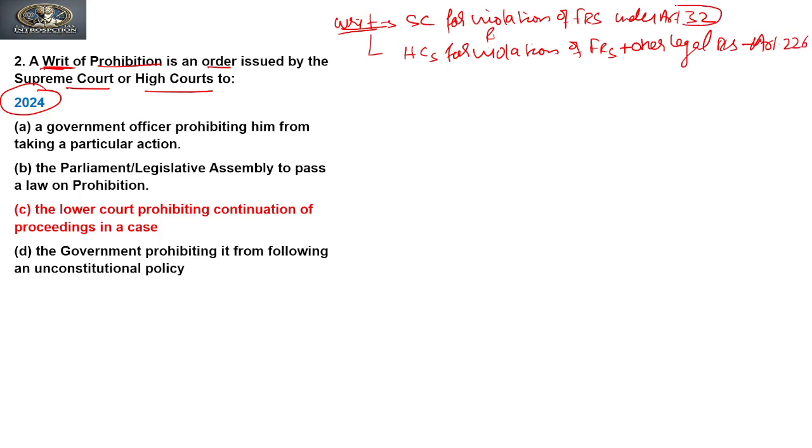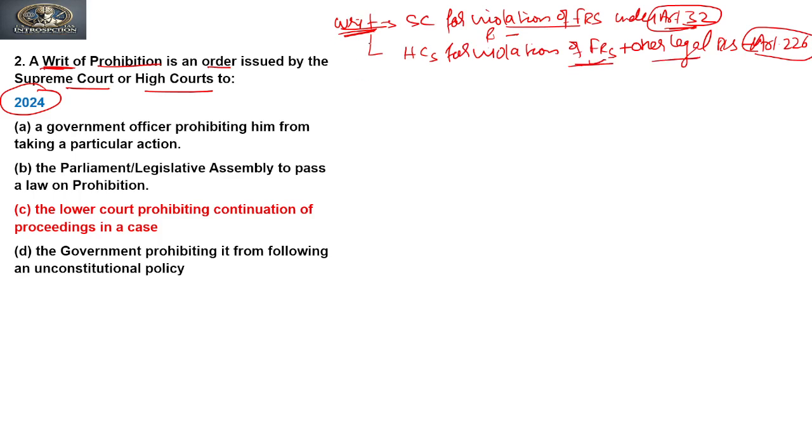So the Supreme Court is empowered by Article 32 to issue writs with respect to violation of fundamental rights, whereas High Courts are empowered by Article 226 to issue writs not only for the violation of fundamental rights but also for the violation of other legal rights.